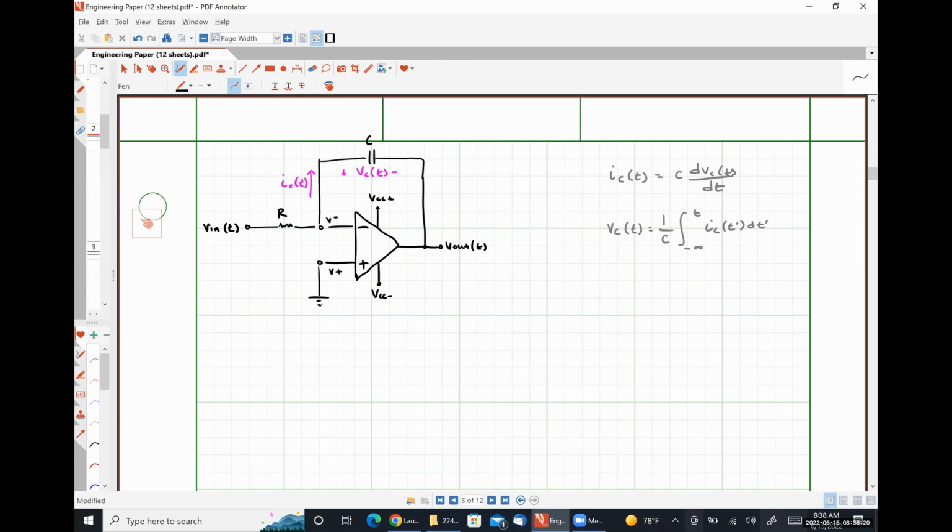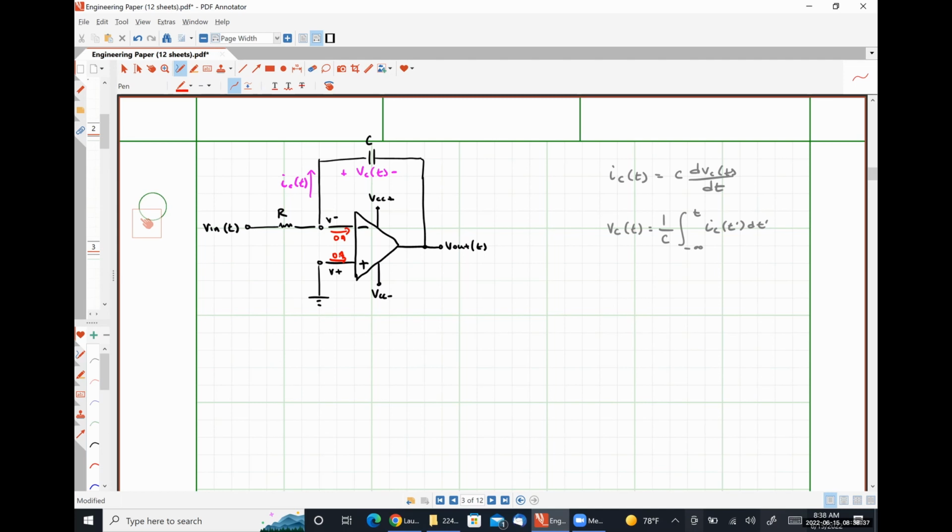So I'm going to apply op-amp rule number 1 and observe that no current flows into my input terminals, like so.